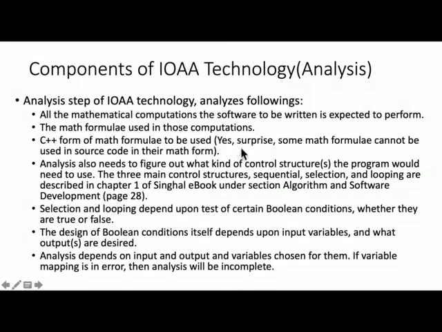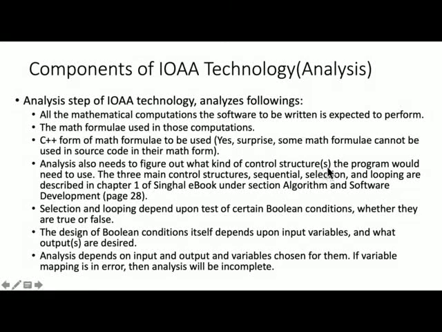This might surprise some of you that some math formulas cannot be used in C++ source code in their math form. Typically, always a translation from math form to C++ form is required because math formulas are not usable in computer programs.